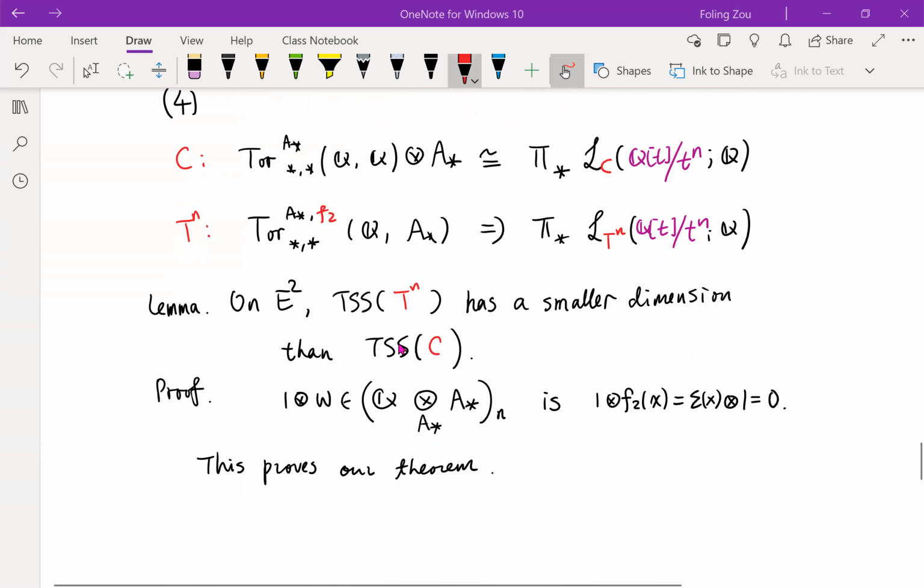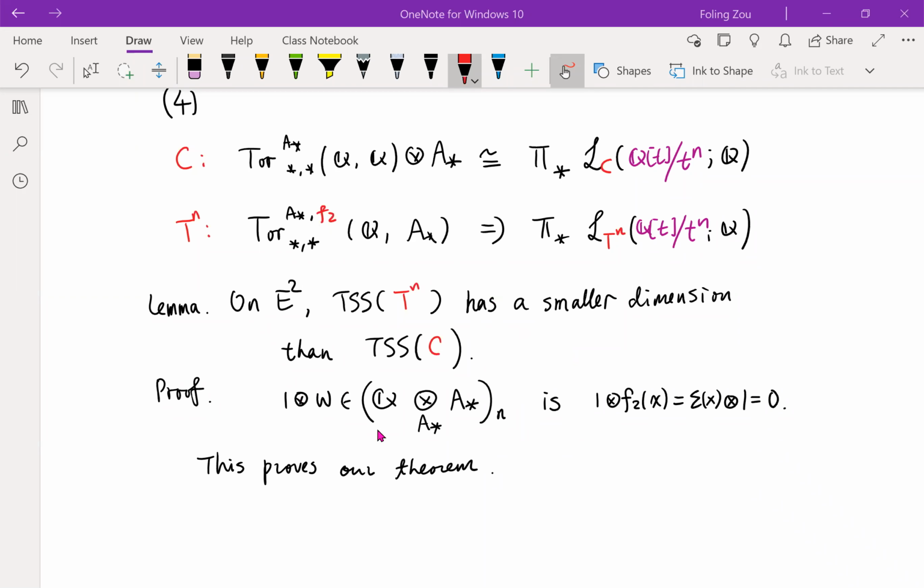Right, and now we can compare these E2 pages. So on the E2 page, using the previous lemma, we get that this E2 for Tn has a dimension smaller or equal to that for C. We can show that easily. But what about the strictness?